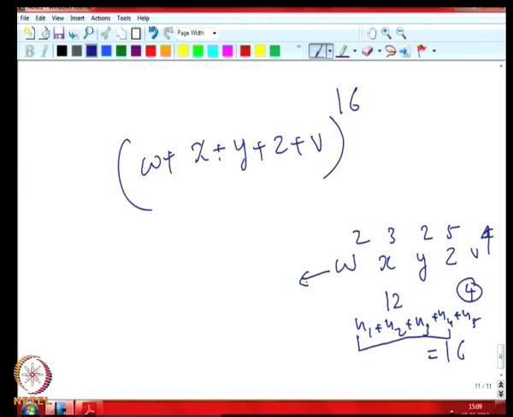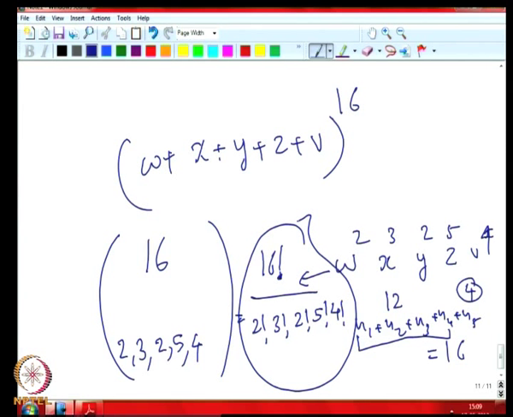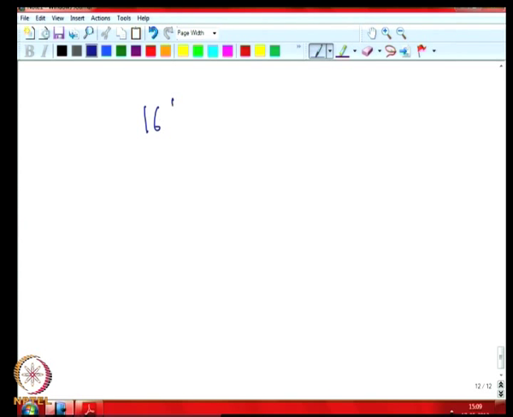Now, this we know is this number: 16 factorial divided by 2 factorial into 3 factorial into 2 factorial into 5 factorial into 4 factorial. This is what we will get. That will be the number here.